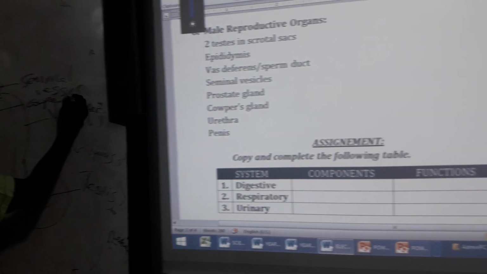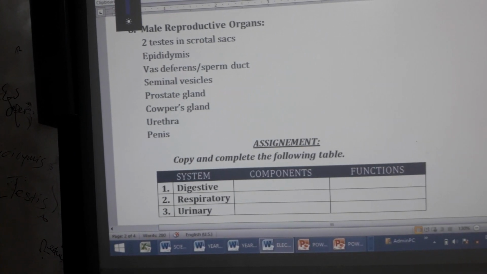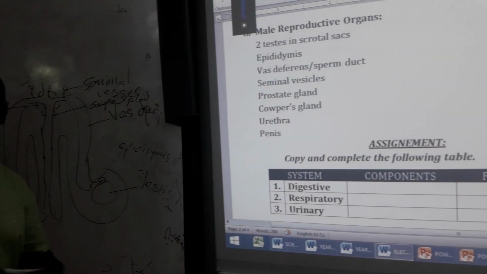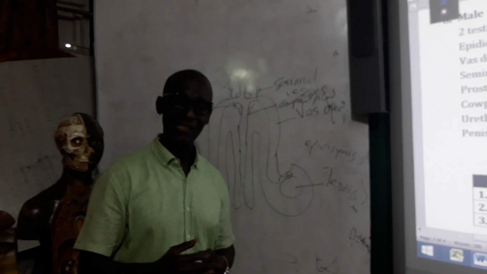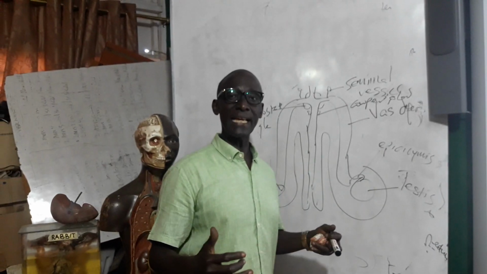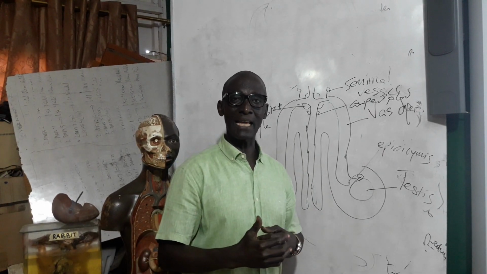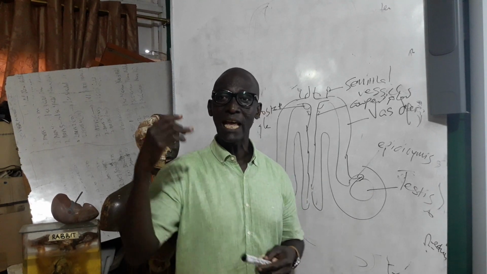The three combine to produce a fluid, namely the seminal fluid, which serves as a transport medium for our sperm. Apart from serving as a transport medium, it also serves as a form of lubrication and feeds the sperm, because it's very nutritious in proteins and glucose.